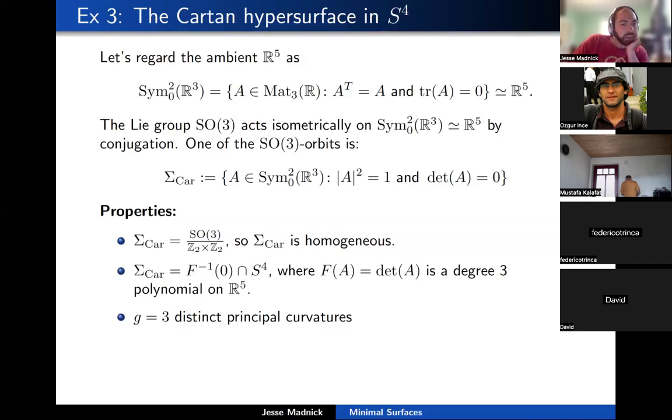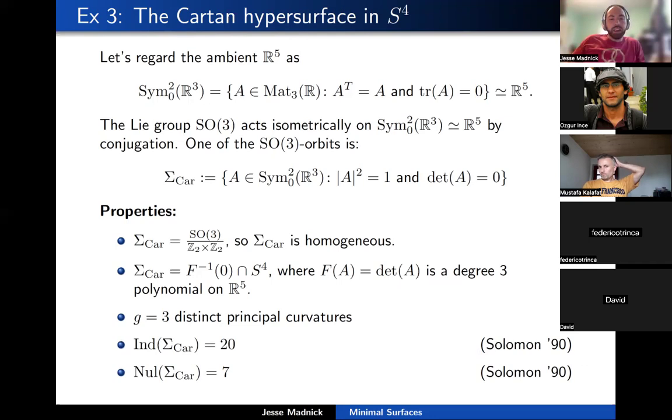And interestingly, this hypersurface, which is minimal, has g equals 3 distinct principal curvatures. This was studied by Cartan in the 1930s. And so Cartan knew that g equals 1 and 2 were not the only options for the number of distinct principal curvatures for minimal hypersurfaces in spheres, unlike the Euclidean and hyperbolic cases.